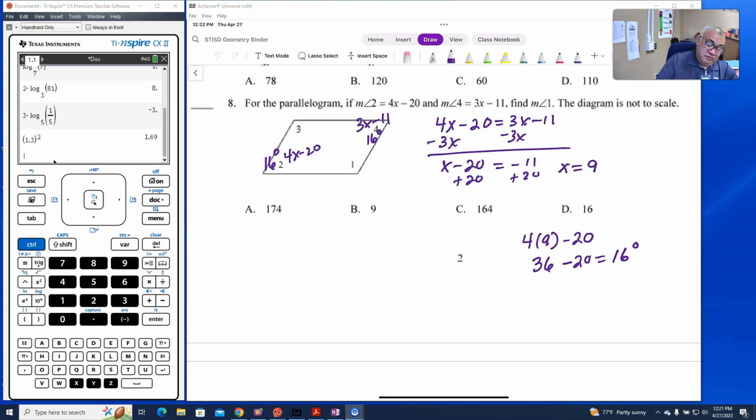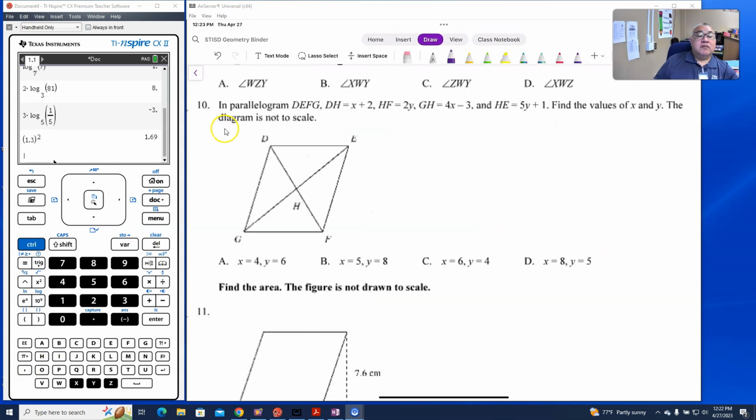So to find the measure of angle 1, it's going to be 180 minus 16, which is 164 degrees. So this is 164 degrees, and this is 164 degrees. So your answer is C for 8.